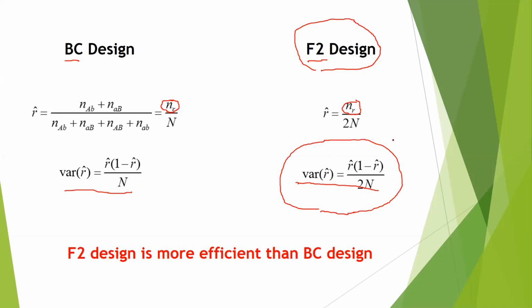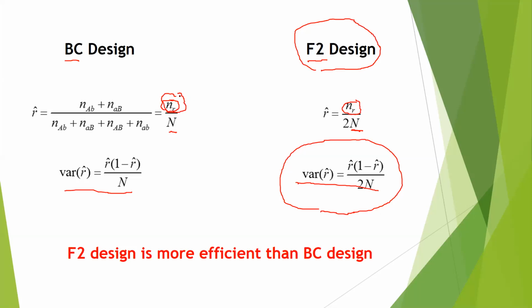Because in this equation the N is the same, the total number of progeny, but the NR is not the same for these two designs. So even if you have the same big N, the same sample size, when you use a different design you may end up with different numbers of NR.